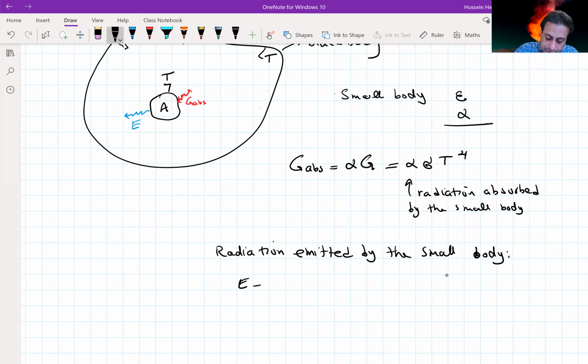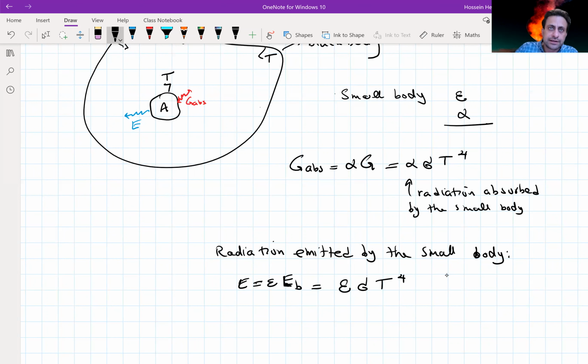So E is going to be epsilon E_b. If this small body were a black body, and now this is the real surface, it is going to have this fraction of that by emissivity. So it is going to be epsilon sigma T to the power of 4.